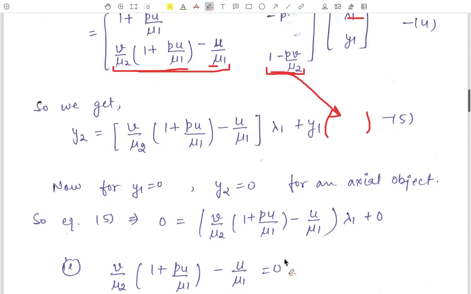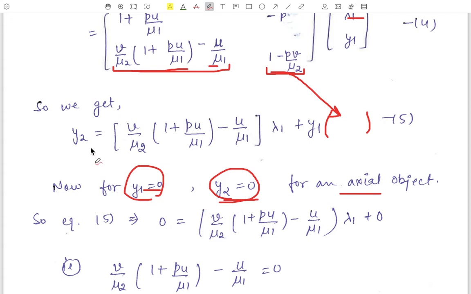Now for y1 equal to 0, we have y2 equal to 0 as well. That is for an axial object. If our object lies on the axis, then its image will also lie on the axis. That is, for y1 equal to 0 we will always have y2 equal to 0.